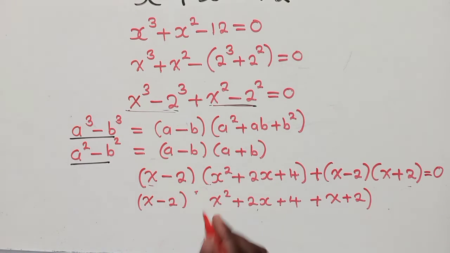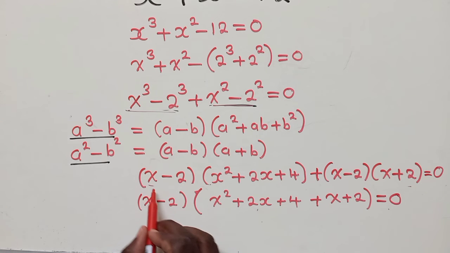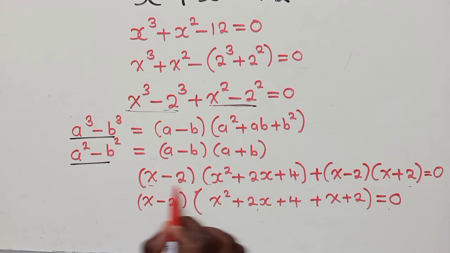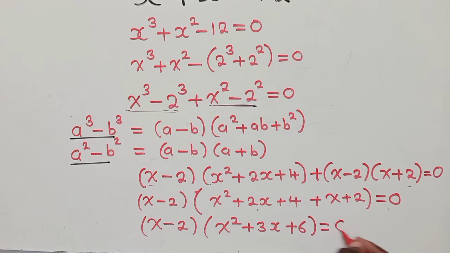Actually, let me use this bracket, which is equal to 0. Here we've just factored out this because it's common. It's found here and here. Here we can write x minus 2, open x power 2. These 2x and x there, we shall get a 3x. Here we shall get plus 6, because 4 plus 2 is 6, which is equal to 0.